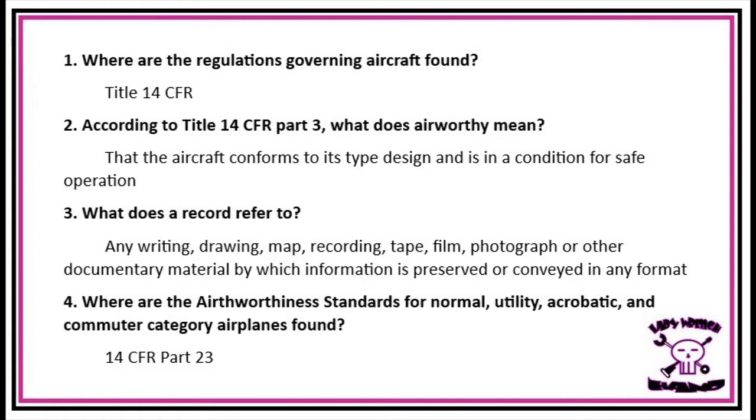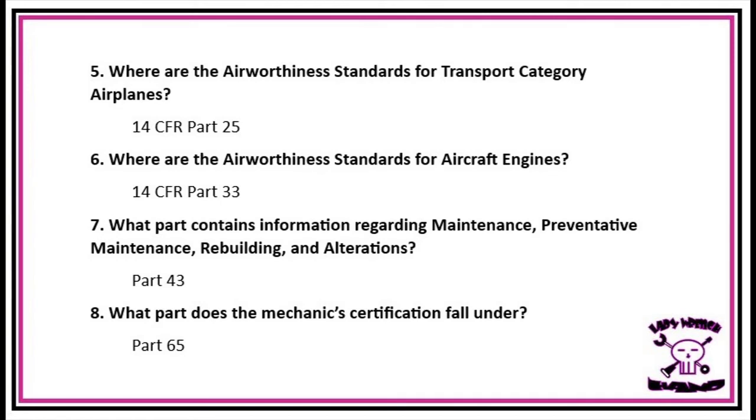Number 4. Where are the airworthiness standards for normal, utility, acrobatic, and commuter category airplanes found? 14 CFR Part 23.